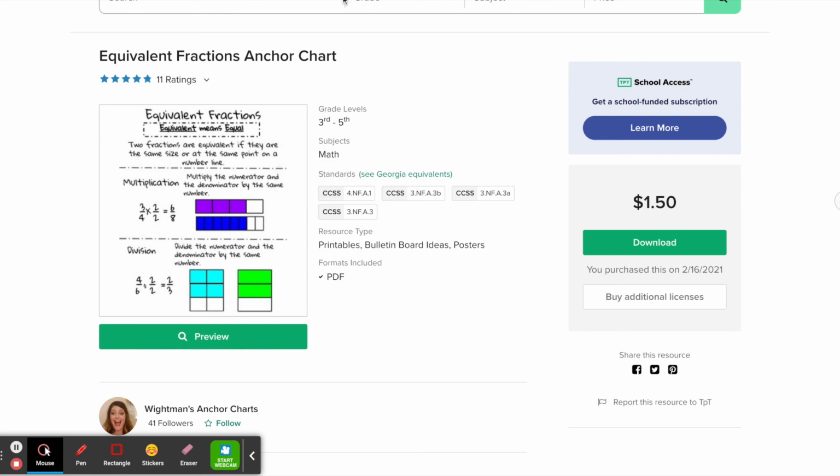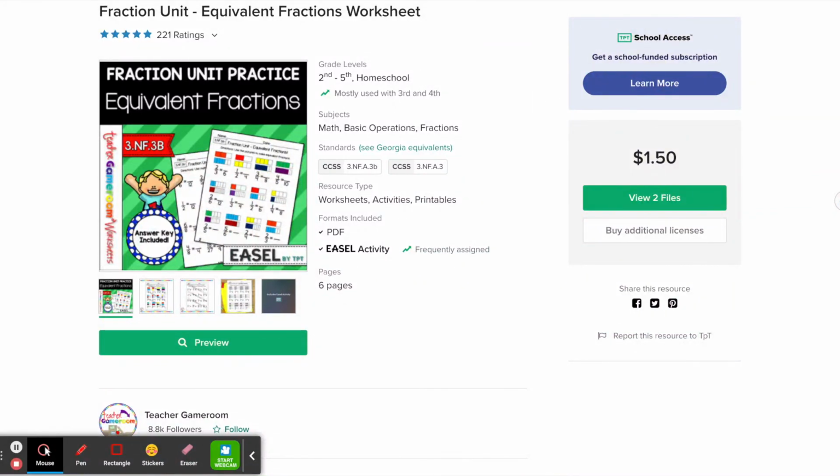Another thing that would be great for you to have is an activity to do after you've done the Brainycamp and after you've done the notes. And I believe this is a great activity for you to use. So this is an equivalent fractions worksheet. You can put this in a sheet protector and have pages 3 and 4 in a sheet protector on the front and back. And students can use dry erase markers to actually fill in the missing equivalent fractions.